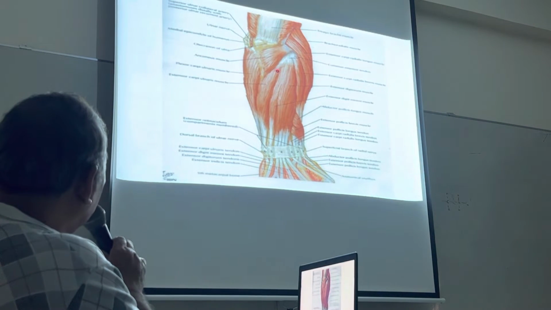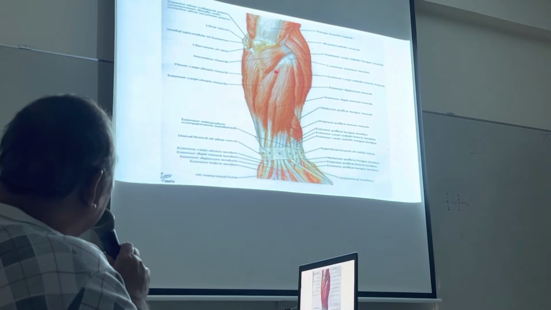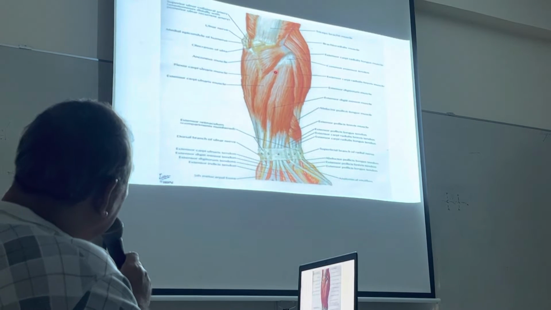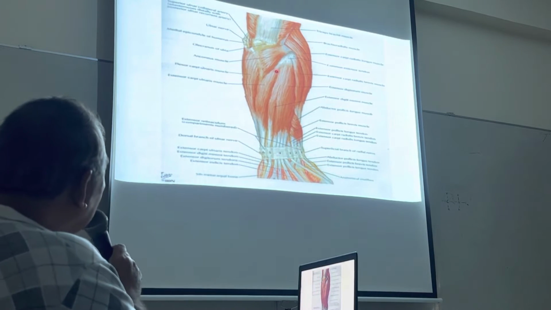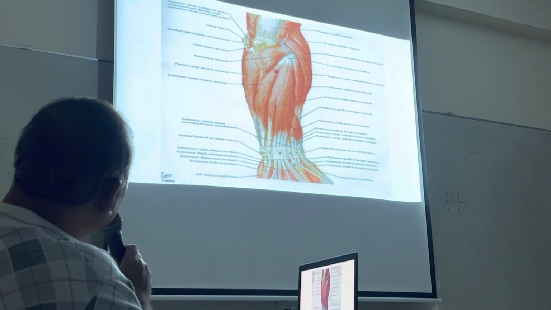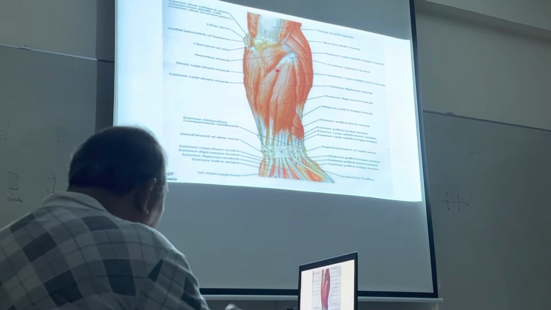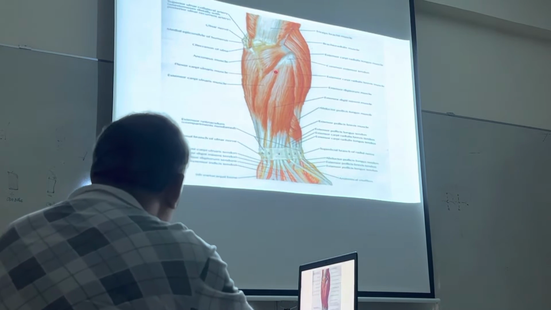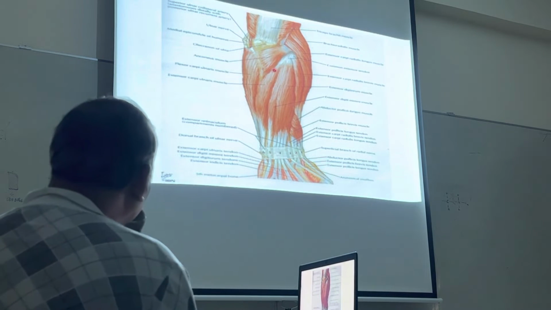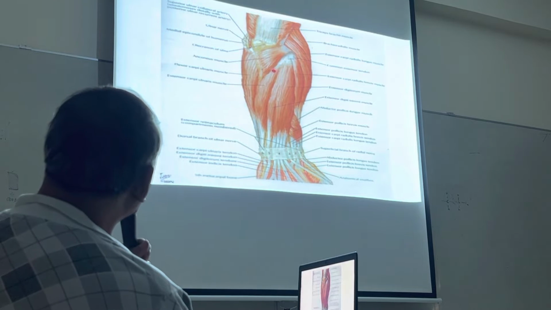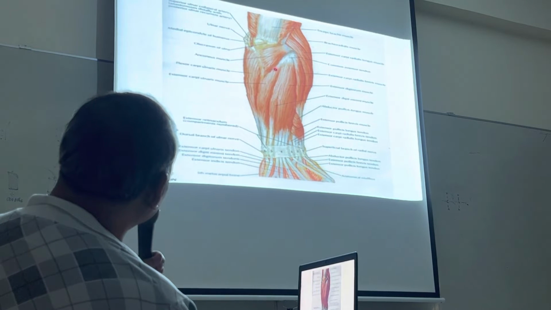Then in the posterior compartment, the muscles are divided into the superficial group and the deep group of muscles. You can see here the deep group of muscles. So we'll start on the radial side. What is that?